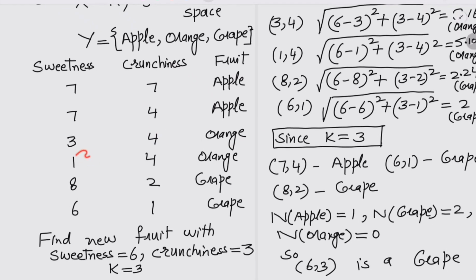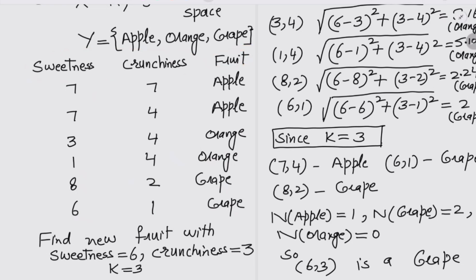This is our data set. And similarly, 1, 4 we have orange, 8, 2 grape, and 6, 1 is also grape. So this is the given data set, which has some features over here, and this is the label.